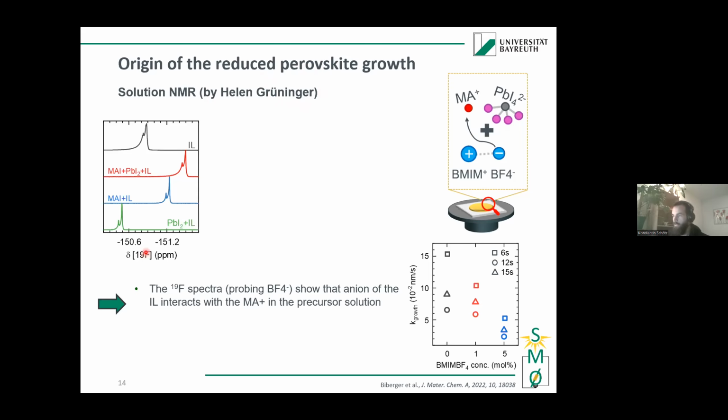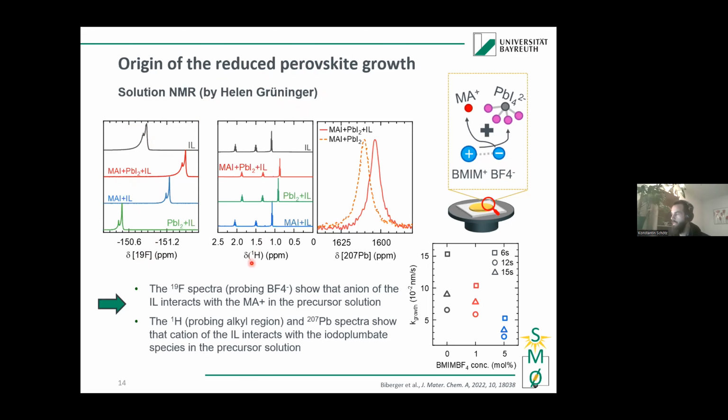And what we see from the fluorine NMR probing this BF4 part of the ionic liquid is that we always get an upfield shift if MAI is in the solution. So this BF4 interacts with the MAI. And likewise, if we look at the H NMR probing the alkyl part of this BMIM, or the lead-probing iodoplumbate species, we get an upfield shift when lead is in the solution.